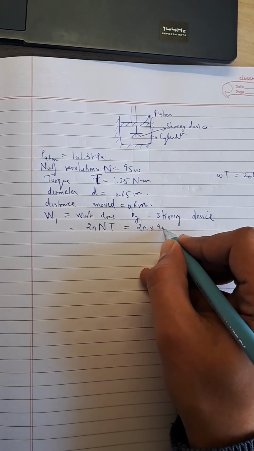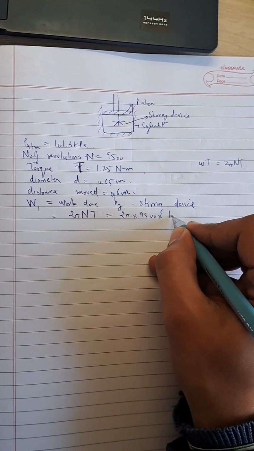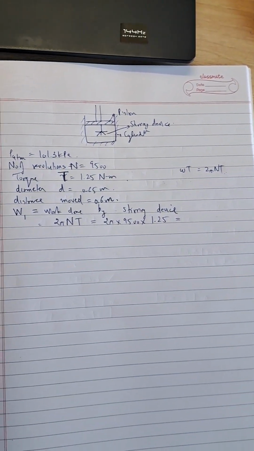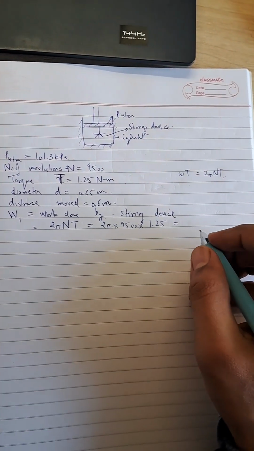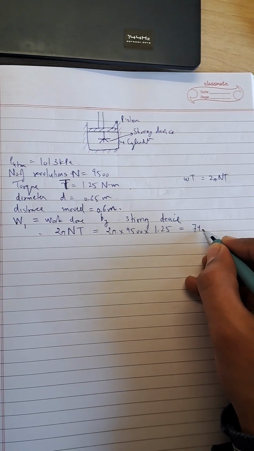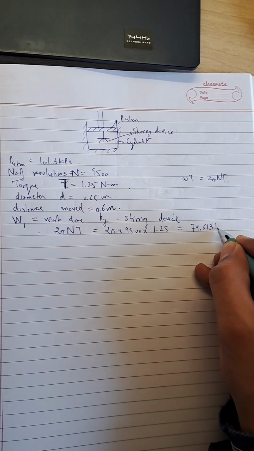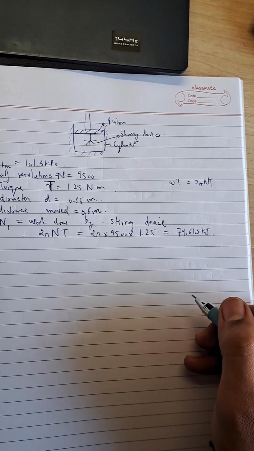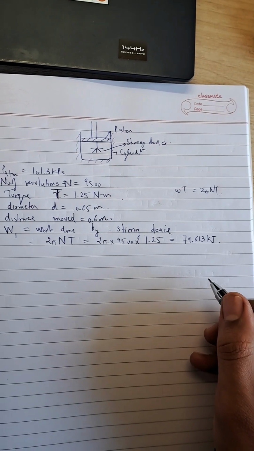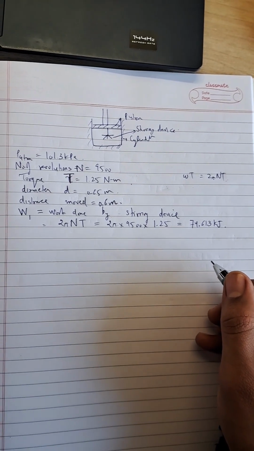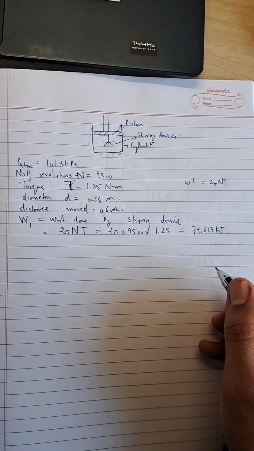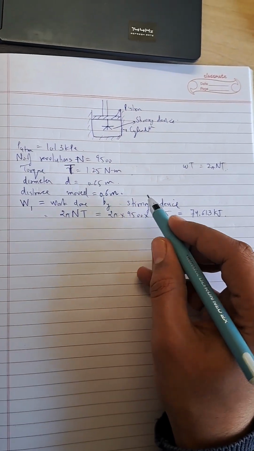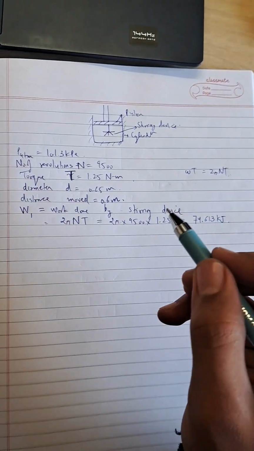Substituting the values, N is 9500 and torque is 1.25. On substituting these values, we get the value of work to be 74.613 kilojoule. I have converted it into kilojoule. And now since work is done by the system, considering steering as the system, work is done by the system.